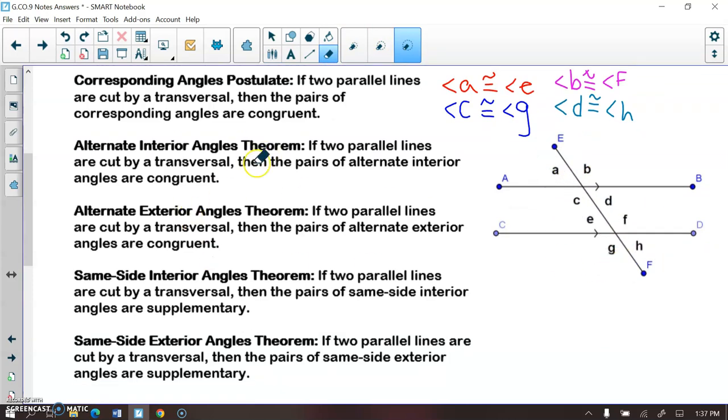Let's move on to alternate interior angles. This states that if we have two parallel lines cut by a transversal, then the alternate interior angles are congruent. So, looking at my transversal, the interior angles are the ones on the inside of your parallel lines. So just these four. Alternate means it's on the opposite side of your transversal. So angle C and angle F would be congruent.